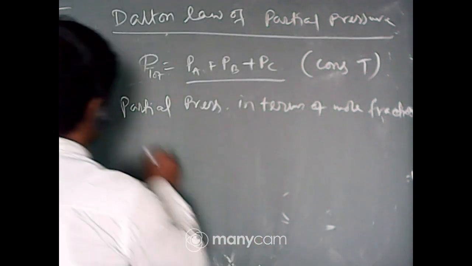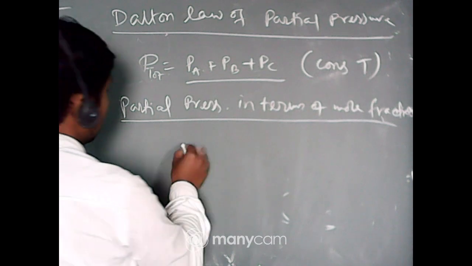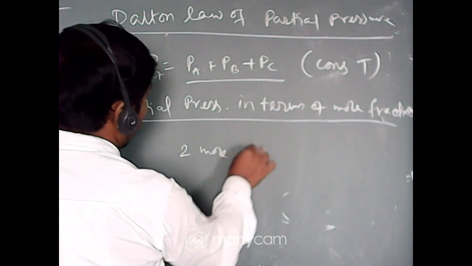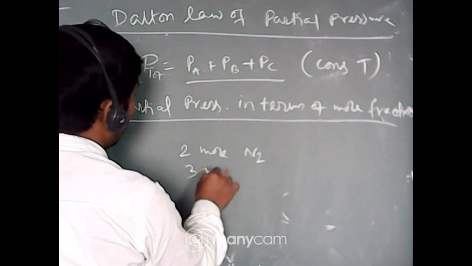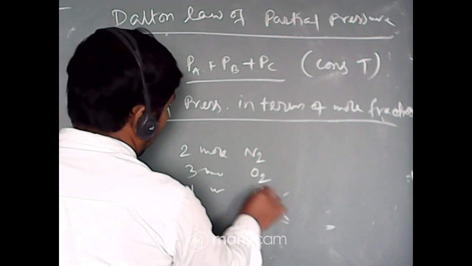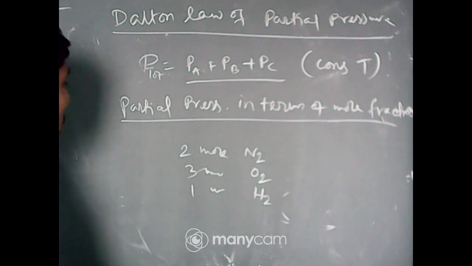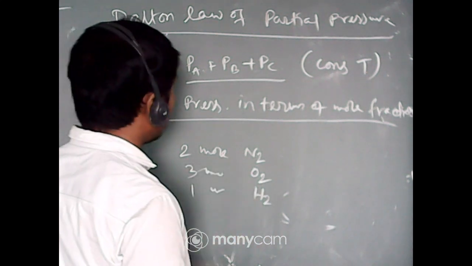Suppose in a mixture 2 moles of nitrogen, 3 moles of oxygen and 1 mole of hydrogen are mixed. They are non-reacting. So, what would be the mole fraction of nitrogen?